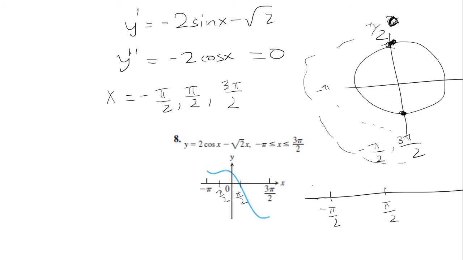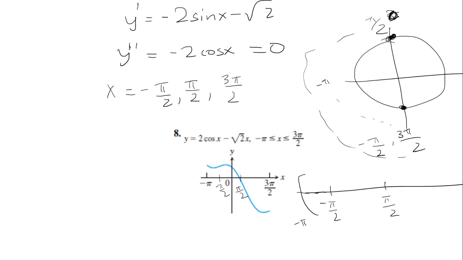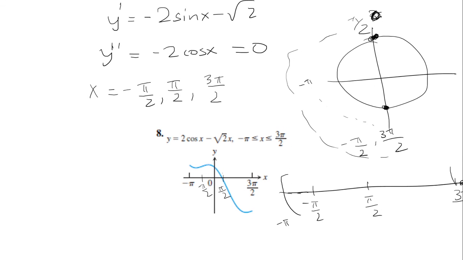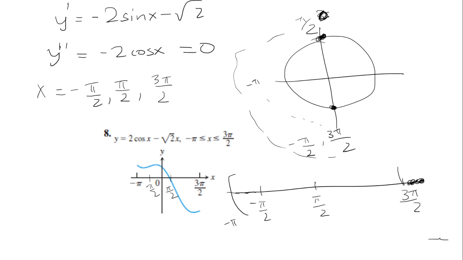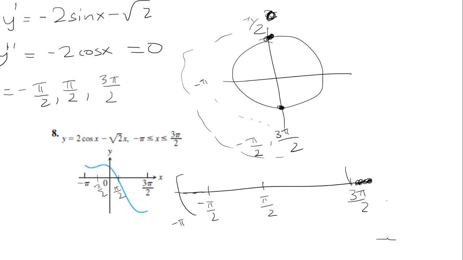So in between negative pi, I guess we can pick negative pi because that's the bound here. So these are the bounds. Yeah, we plug in number left of negative pi over 2, so let's say negative pi. Cosine of negative pi is negative 1 times negative 2 is positive 2.